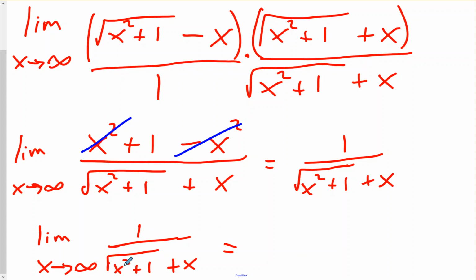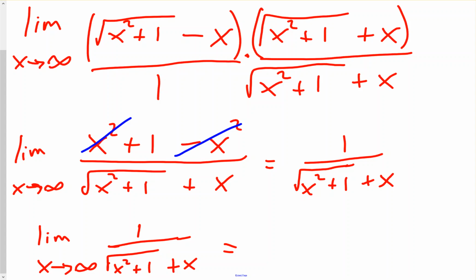As x gets really, really large, you have something like a 1 on top that's fixed. Then you have the square root of x squared, which is going to act basically like an x with a little bit of extra hanging off of it. It won't make much difference in the long run.